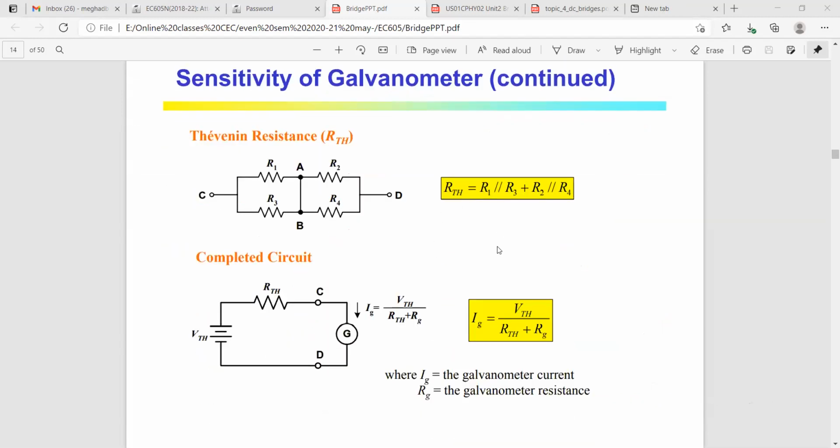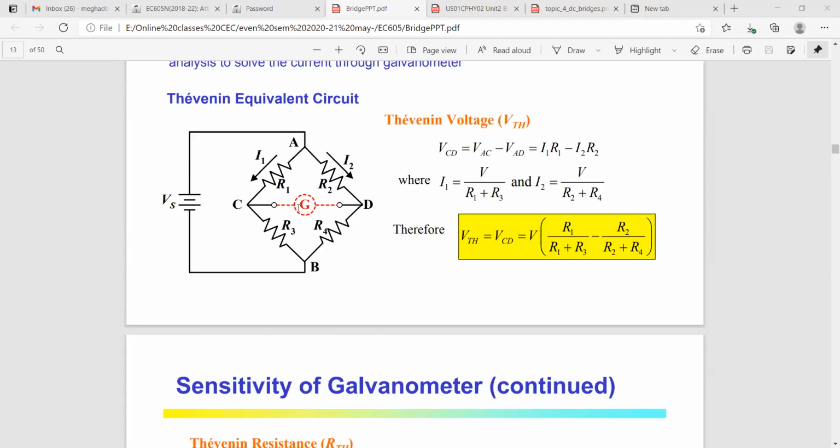Now here we need the Thevenin resistance, and we need to find out the galvanometer current, that is IG. If you have learned about Thevenin resistance, then you must know that the resistances should be taken in parallel, R1 parallel to R3, plus R2 parallel to R4.